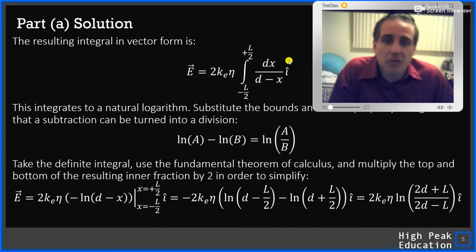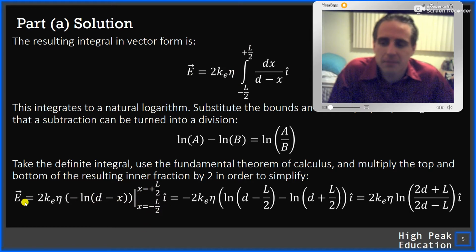So the integral of dx over d minus x should be negative ln of d minus x. The constants stay out front. The bounds of integration are negative L over 2 to positive L over 2, lower and upper.